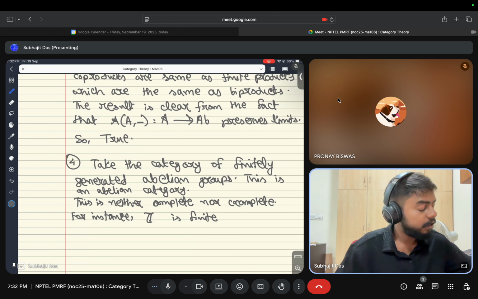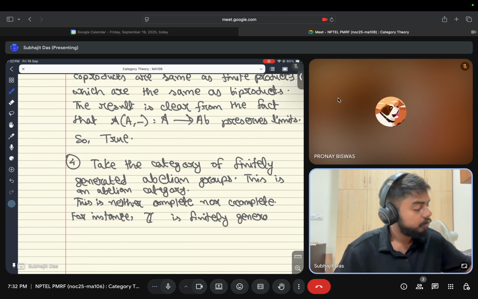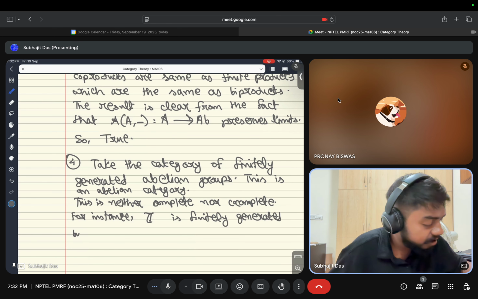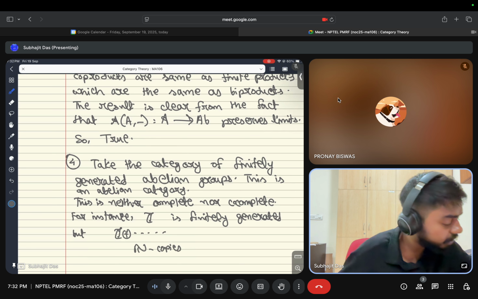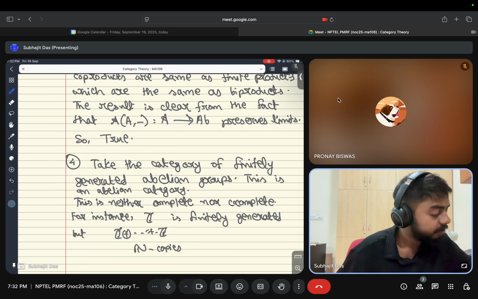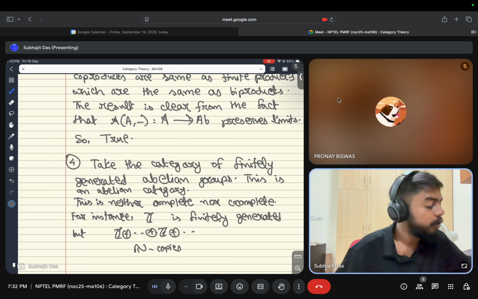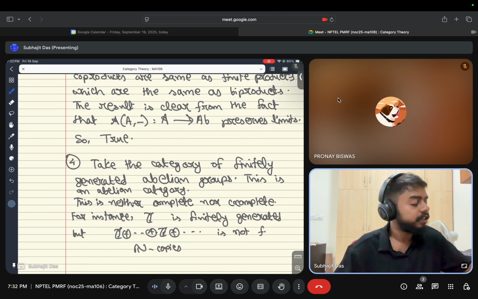For example, Z is finitely generated, but Z direct sum dot dot dot, countably many copies, and so on, is not finitely generated.